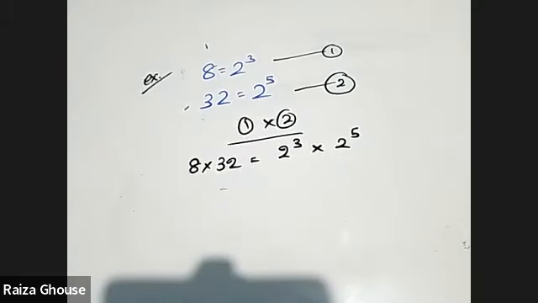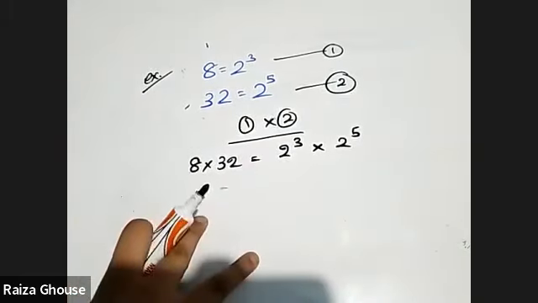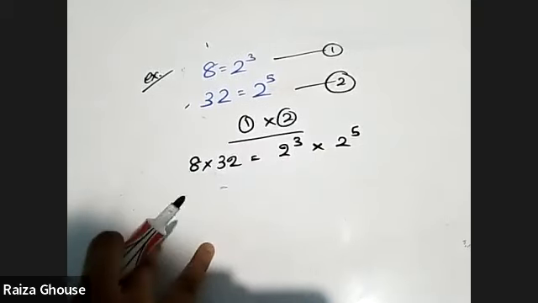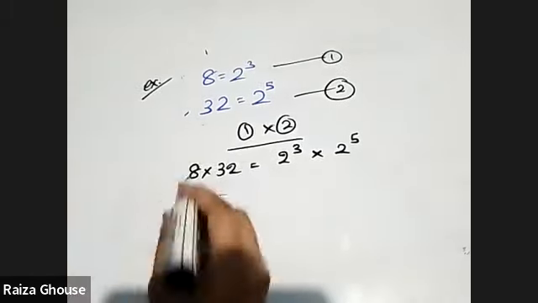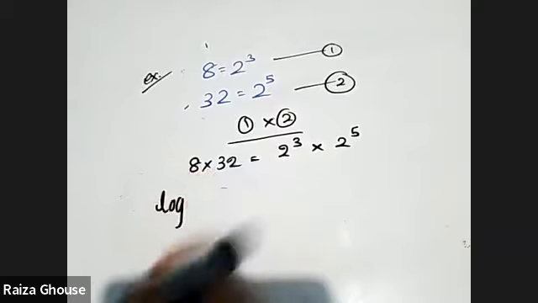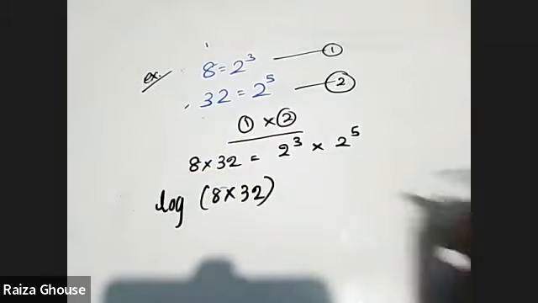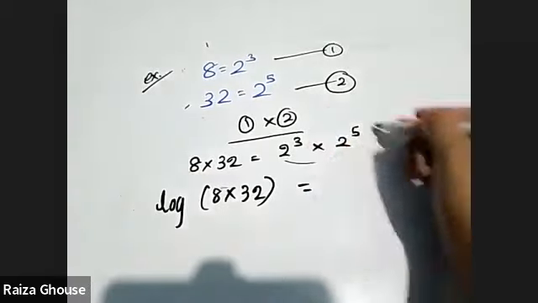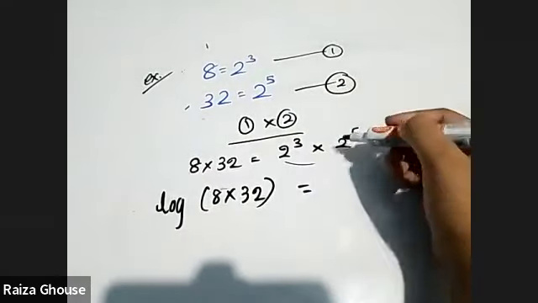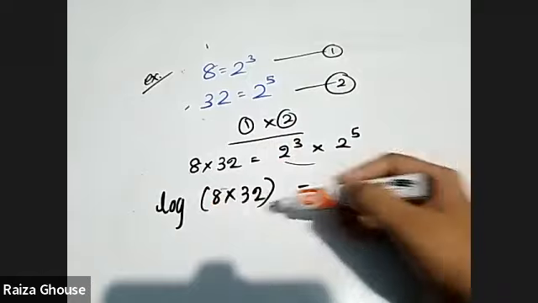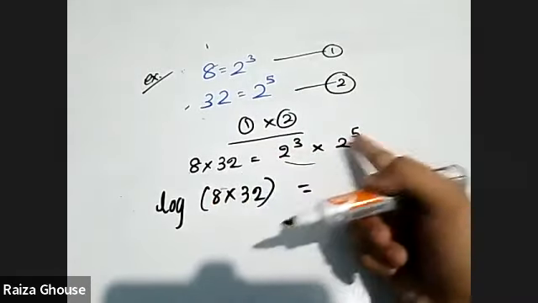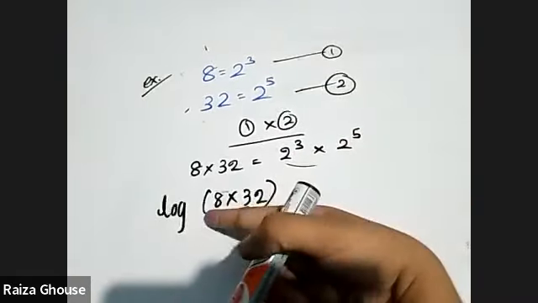Now, if I want to write this in logarithmic form, why? Because I'm teaching you the laws of logarithms. I can put in front log 8 into 32 will be equal. Now only I can apply the indices law. Why? Because this is for logarithm. Here I can't just add and write unless I put the logarithm word.